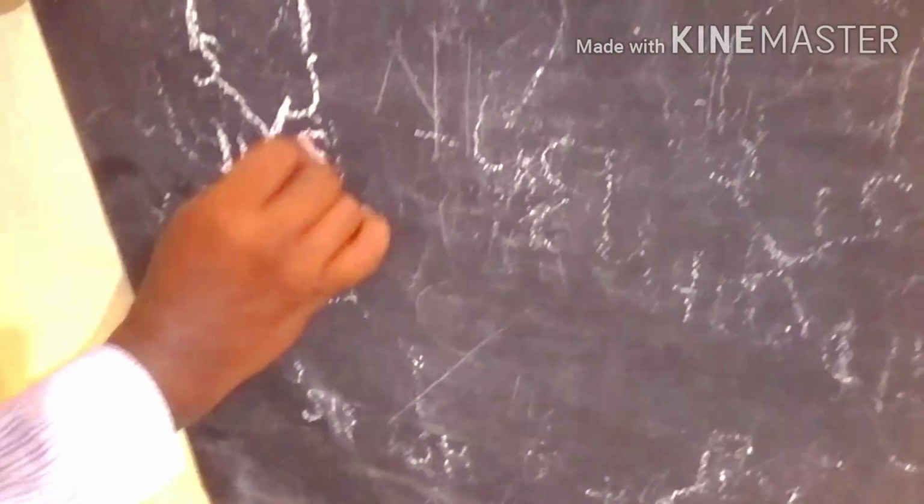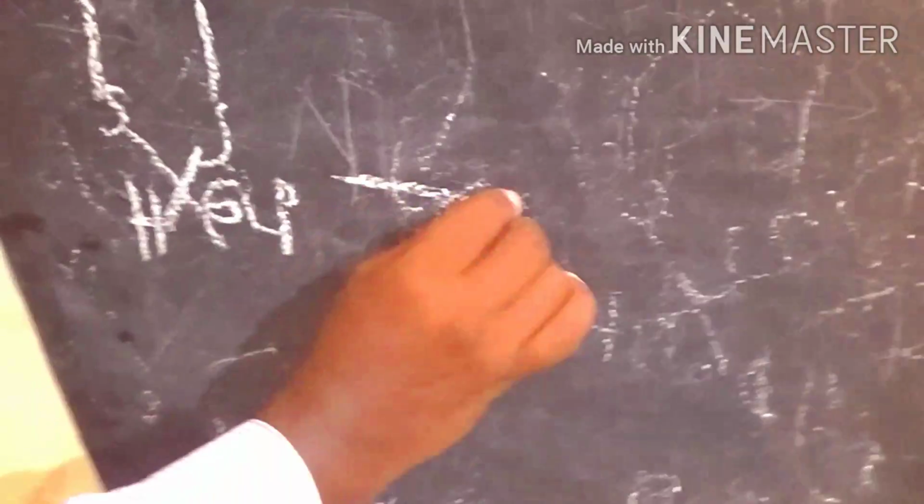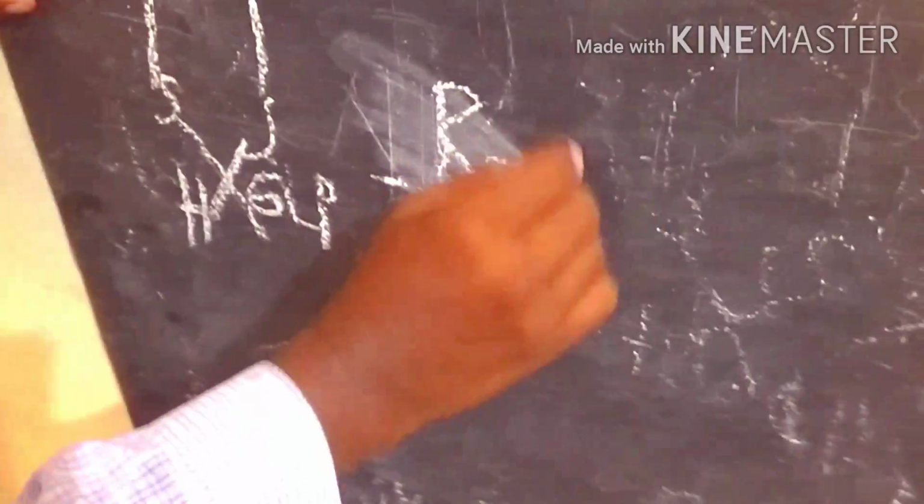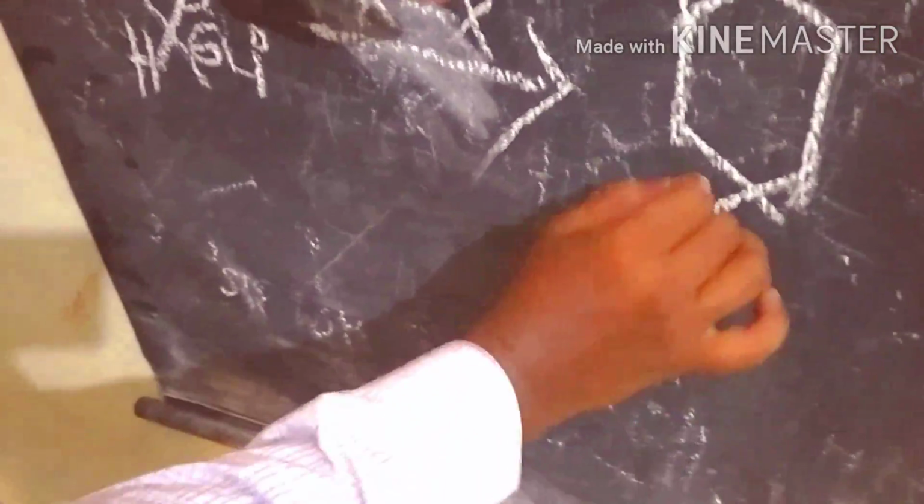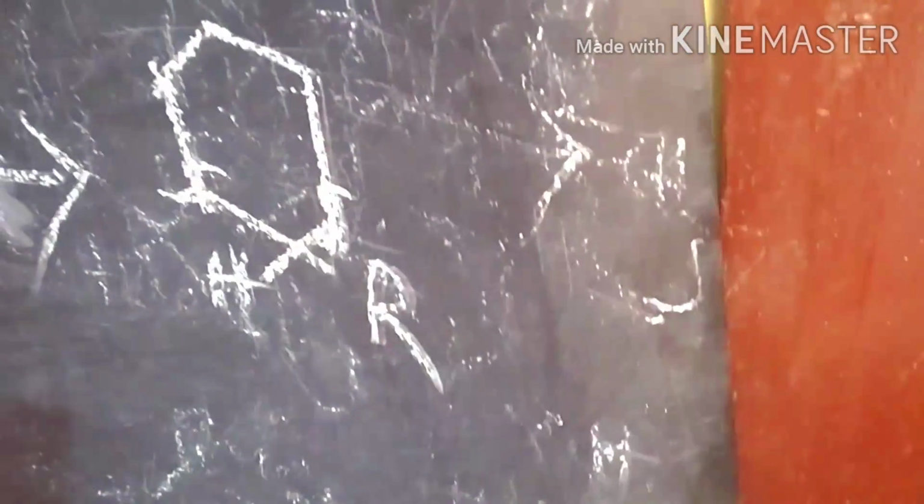After that, we react with RX, any halogen compound, substitution with RX. One hydrogen is replaced by R. Then we again react with n-butyl lithium.